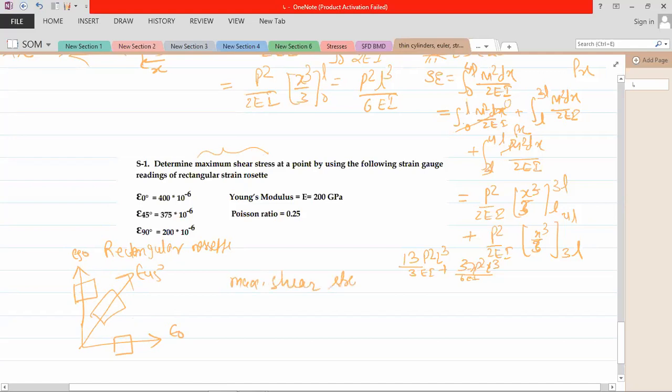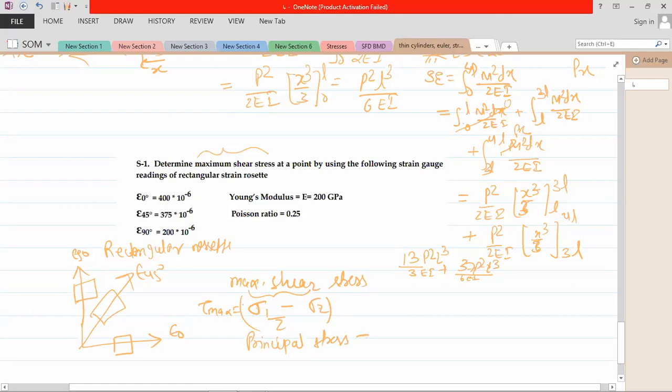Now I just explained earlier how we can find the maximum shear stress. For that we need to know sigma 1, sigma 2, and we can just take tau max is equal to sigma 1 minus sigma 2 by 2. These are principal stresses. For principal stresses, you know how to find them.